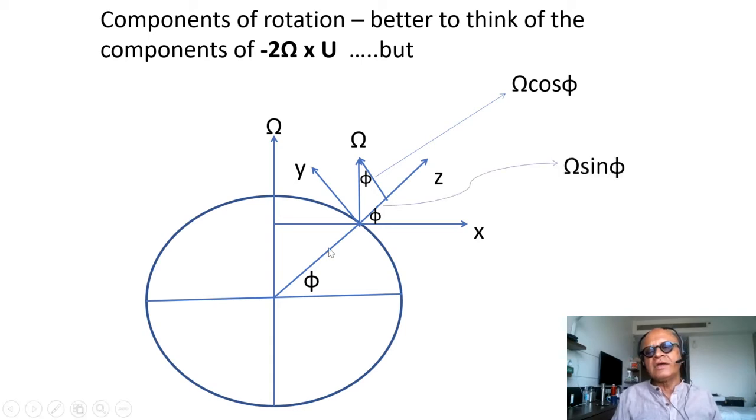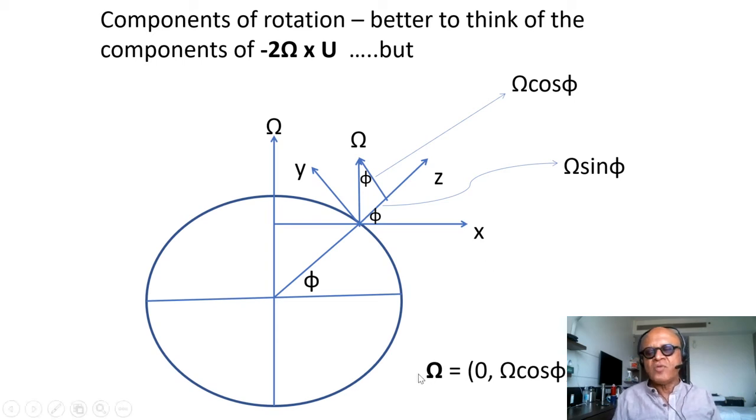But the vertical component of omega locally produces a push to the right, so in the longitudinal or latitudinal direction, depending on which way you are moving. Right? Perpendicular to z means either in the meridional direction or in the longitudinal direction. So it is the local vertical component of omega, which is omega sine phi, that we retain.